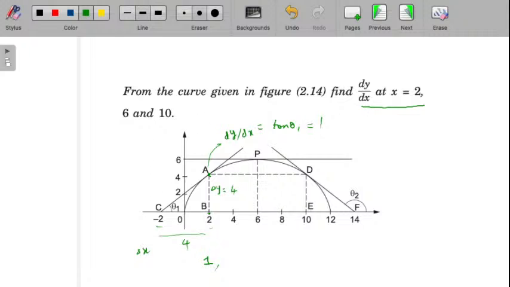Let's find the value of dy by dx at x equals 6, which is the point P. At x equals 6, we can see that the tangent here appears to be parallel to the x-axis. Now, when a line is parallel to the x-axis, there is no variation in y. So such a line parallel to the x-axis has a zero slope, as there is no variation in y.